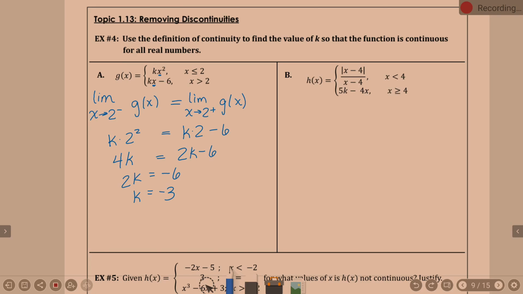And so we were able to accomplish that. Now we can state that the limit as x approaches 2 of g of x, both sides, equals negative 12, so that's good.